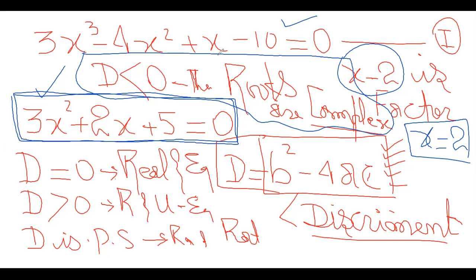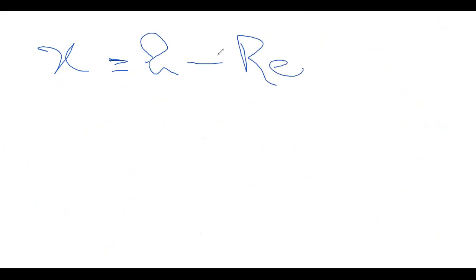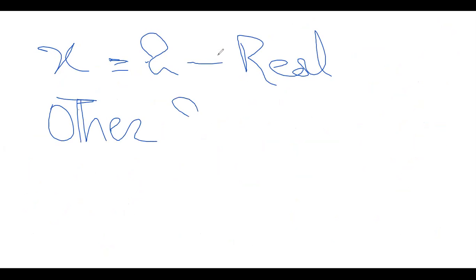So the two roots are complex. Therefore, of the three roots of the given equation, one was 2, that is a real root, and the other two are complex or imaginary.